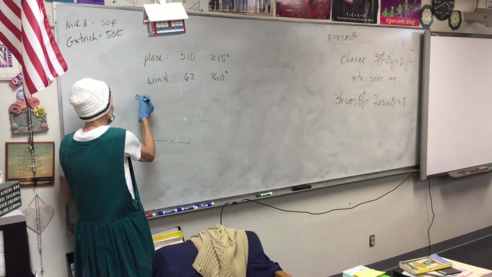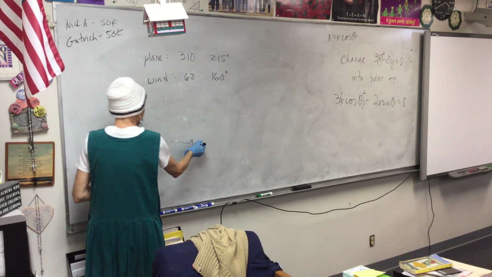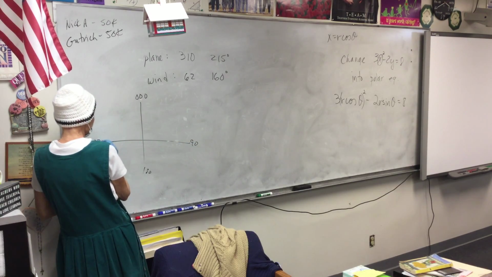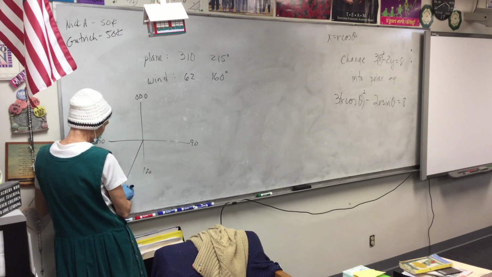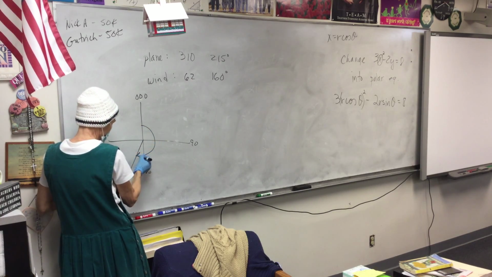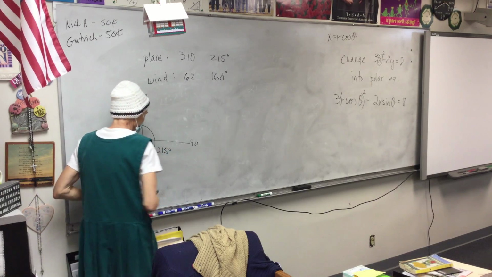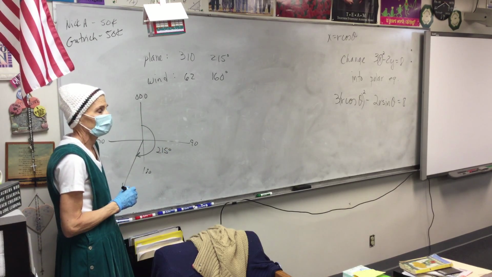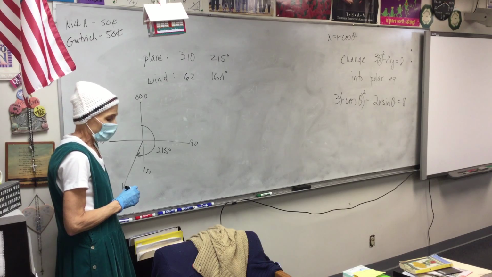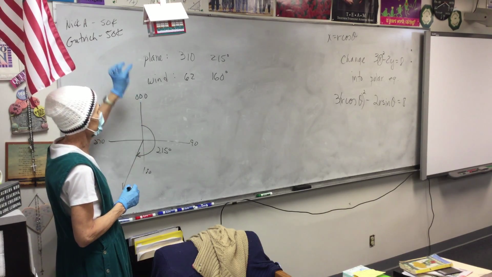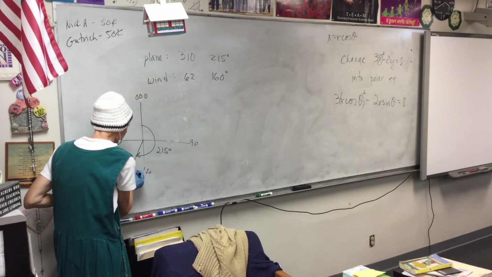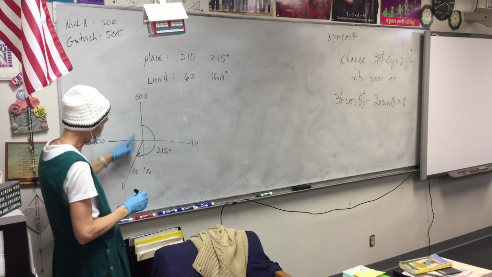This is 0, this is 90, this is 180, and this is 270. So 215 would look like this.